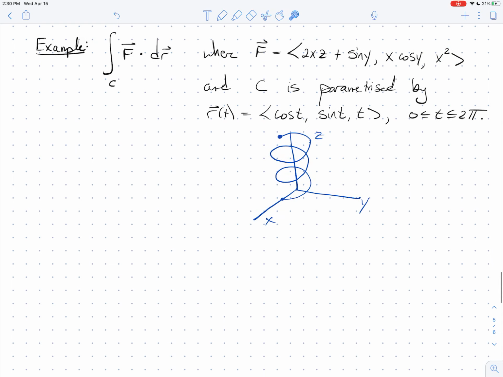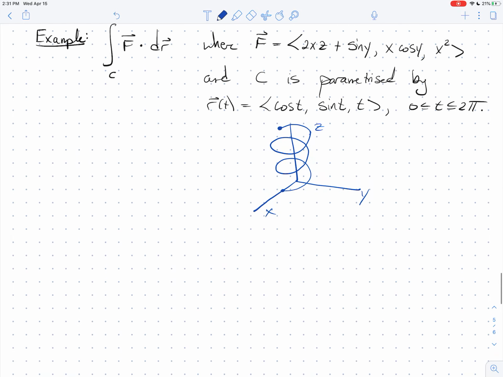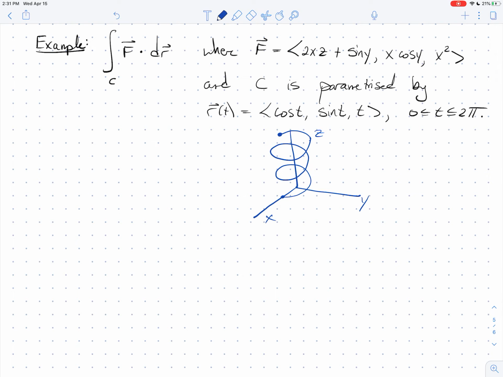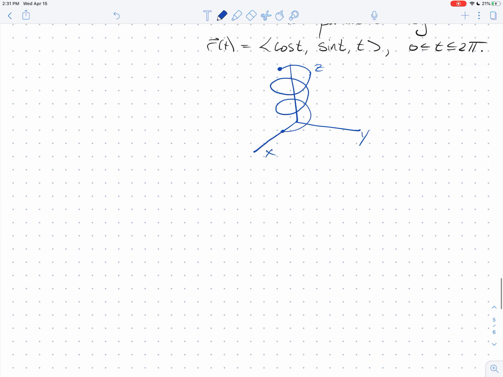So to figure out whether F is conservative, we're going to have to look for a potential function. Before we do that, before we use any theory, I thought it would be good to remind ourselves how you would do this with the standard direct approach. Then we'll come back and figure out whether or not F is conservative.